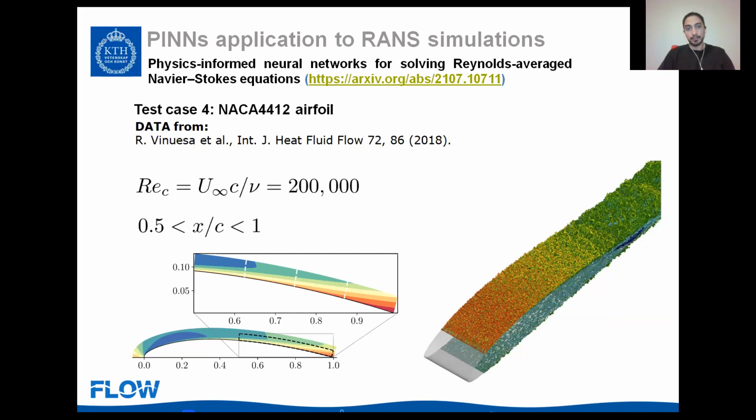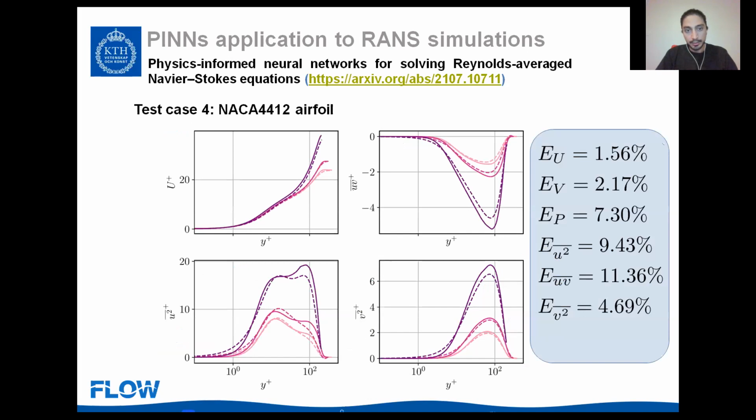We can see in the next slide that all these Reynolds stress terms can be predicted accurately with a good relative accuracy. And the mean flow velocity is very good, a good prediction of the mean streamwise velocity.